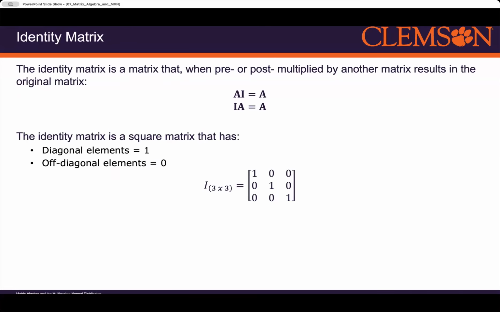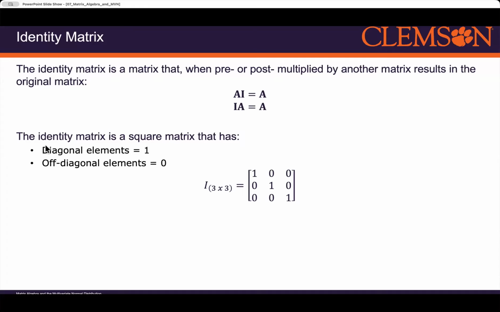So let's define the identity matrix. The identity matrix is a matrix that, when pre- or post-multiplied by another matrix, just results in that matrix itself, right? So if we take A as the pre-multiplier and the identity I as the post-multiplier, we get A back. Or similarly, if we take I as a pre-multiplier and multiply A with it, we get A back.